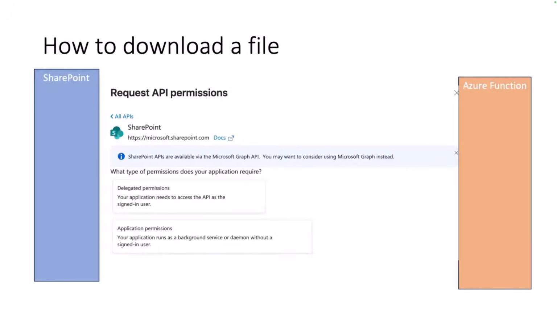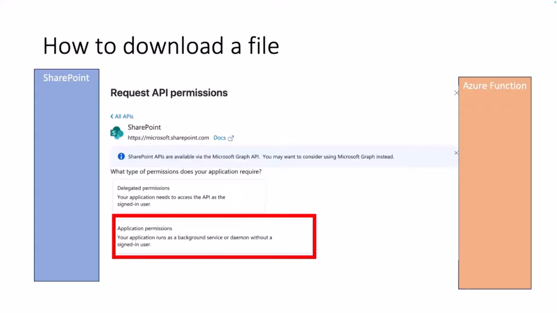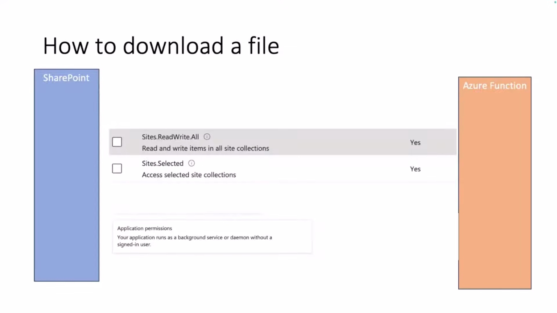Yeah, you need an app registration. I used the SharePoint API here. So I go to the Azure portal and say in my app registration, use it. And then there's a question: delegated permission or application permission. Application permission sounds good because you have Sites.ReadWrite.All or Sites.Selected, and you have complete permission to your entire SharePoint.